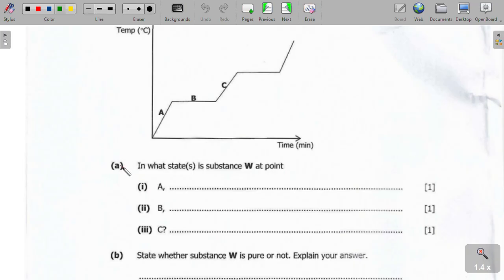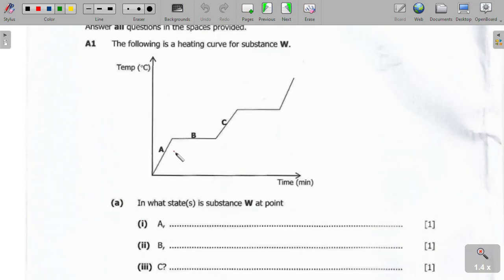So the question A: in what state is substance W at point A, B, C? Before you start answering questions on a heating curve, let me explain something.